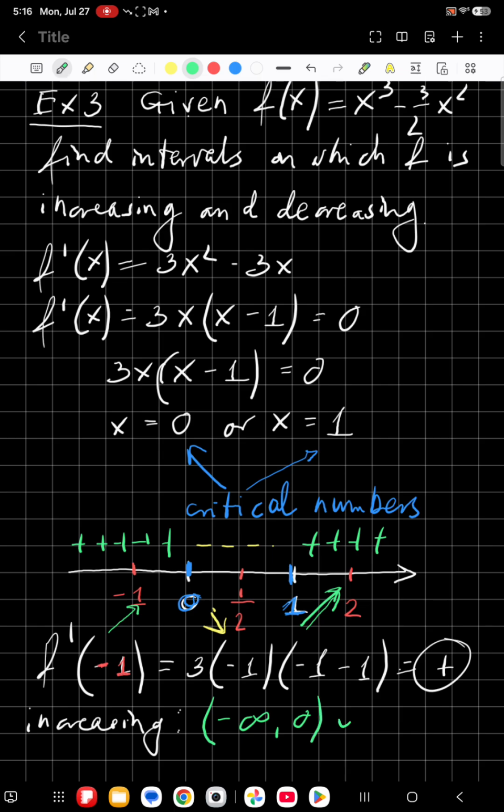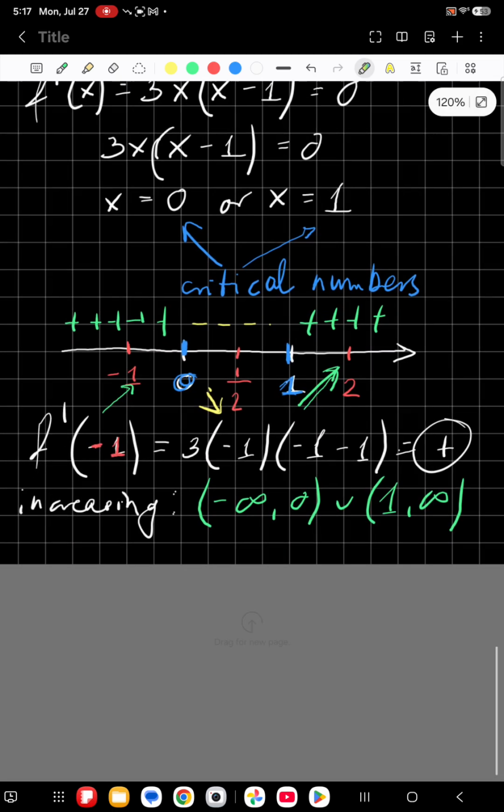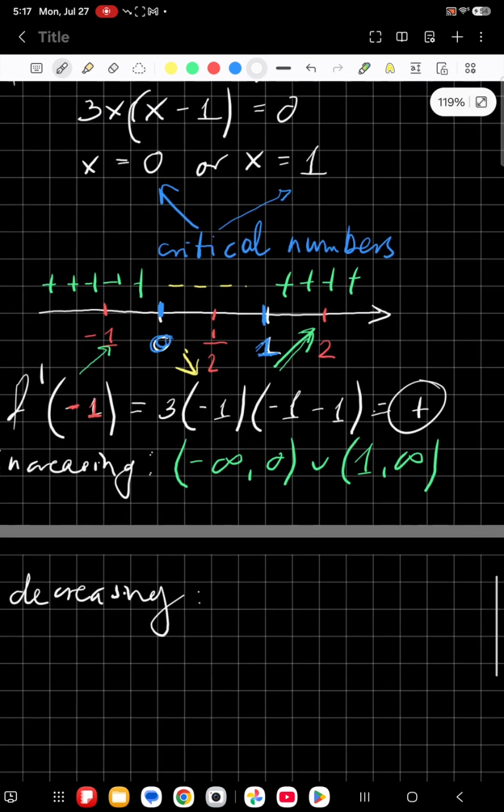And then the second one, from, and don't get confused by that. We were using those testing numbers, those red numbers, just to test. Now when you're writing the answer, we're looking at the blue numbers, the critical numbers. So increasing in those 2 intervals, and decreasing from 0 to 1.